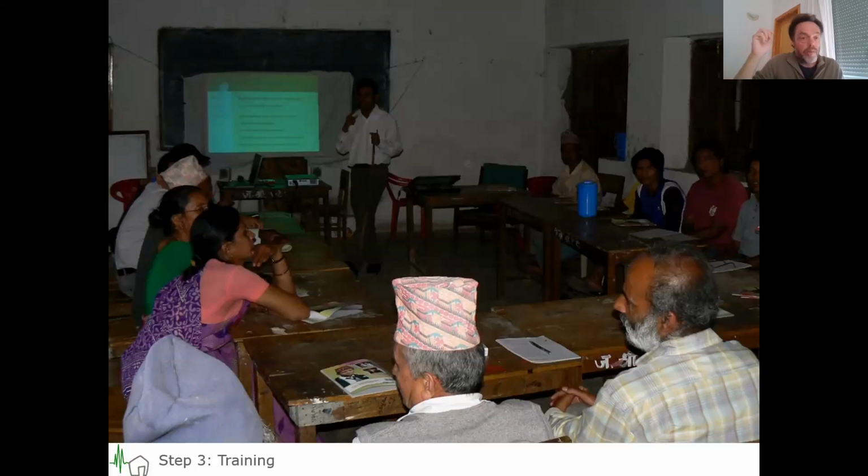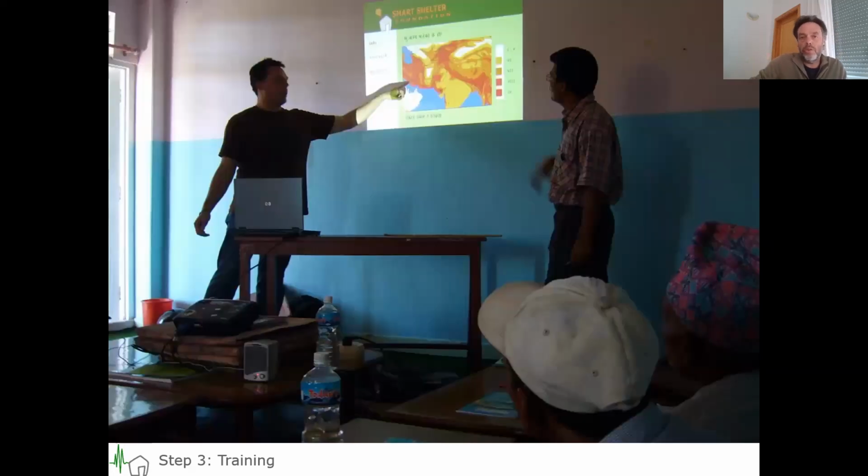We were lucky sometimes to have a little bit of electricity, so we could give some training to the local masons and carpenters, but also to the villagers, to the headmasters of the school about what we're going to do. But we found out very quickly that talking about seismic plates and fault lines and things, people had no idea what we were talking about.